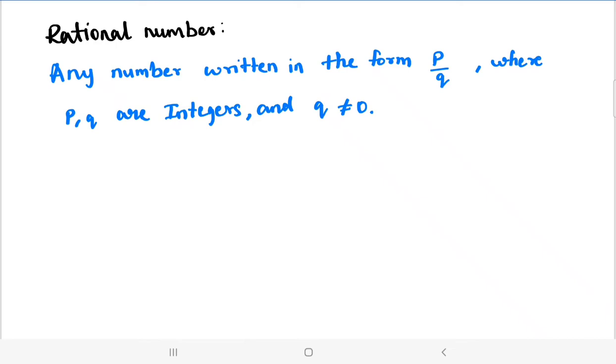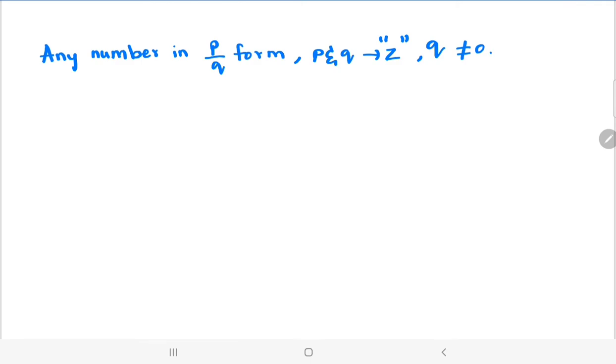Now let us understand this very slowly. First of all, this is the simplified form of the rational number. First, we will see p by q form. In your earlier classes, in your childhood, you might have learned that whenever something is written like this, it is called a fraction.